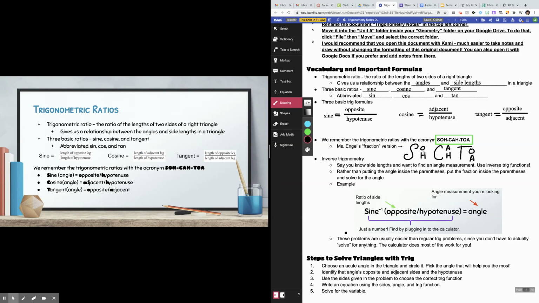But it also writes the legs as an actual fraction, so you know which value goes in the numerator and which goes in the denominator.